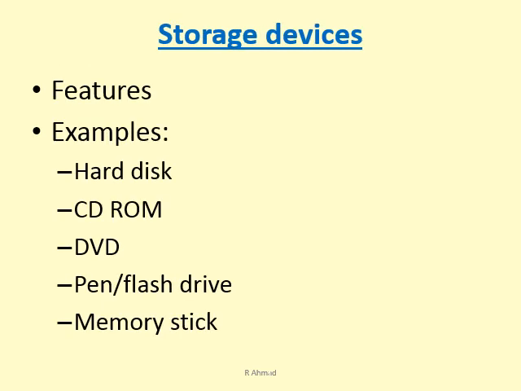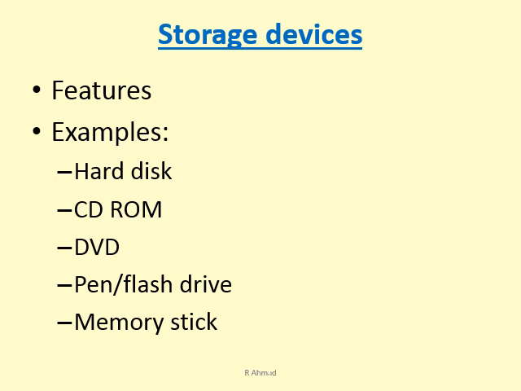Next, we talked about storage devices. Now when I say storage devices, they can also be called secondary storage devices, auxiliary storage devices, and I/O devices also. Again I am saying, children, I/O, capital I, capital O, input output. That means devices that can be used for both purposes, inputting the data as well as taking out the data.